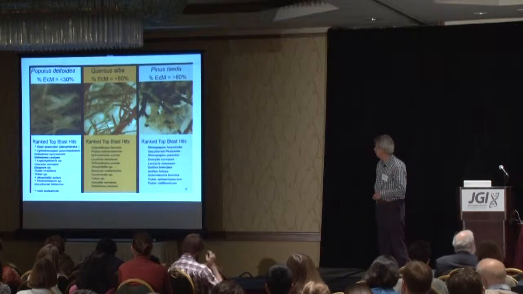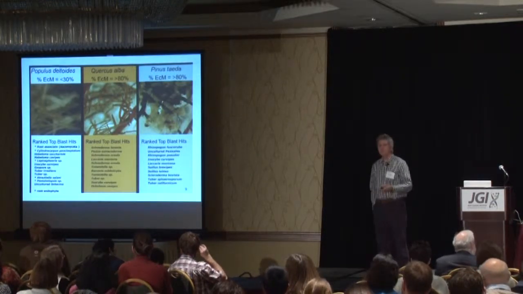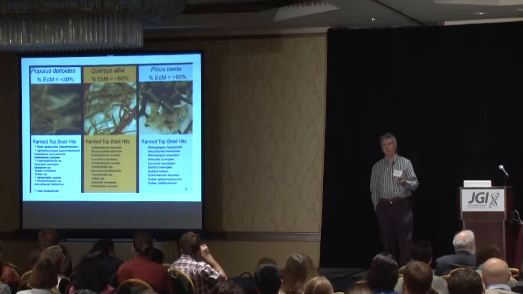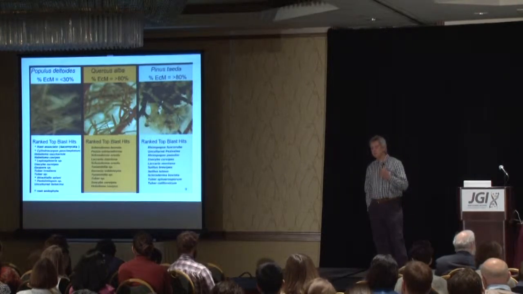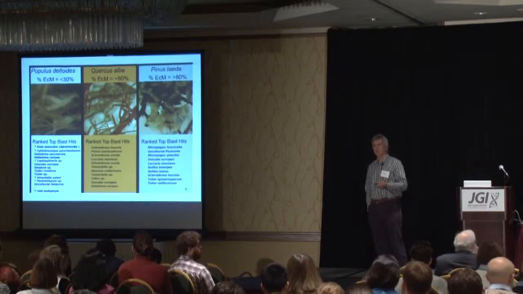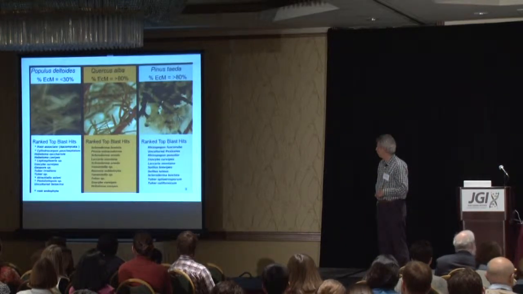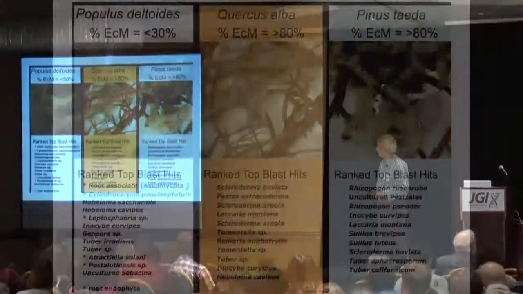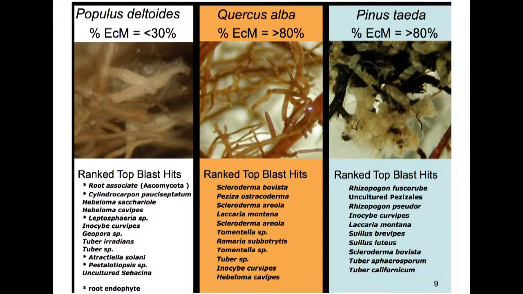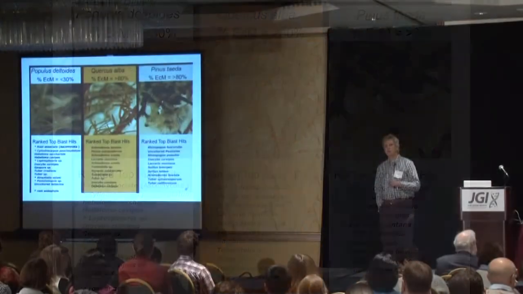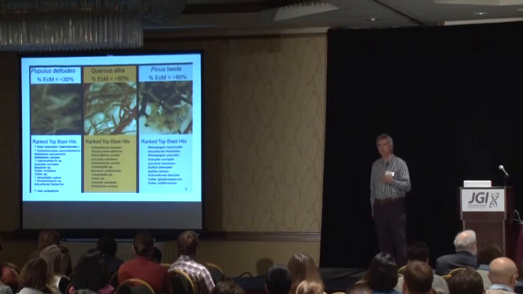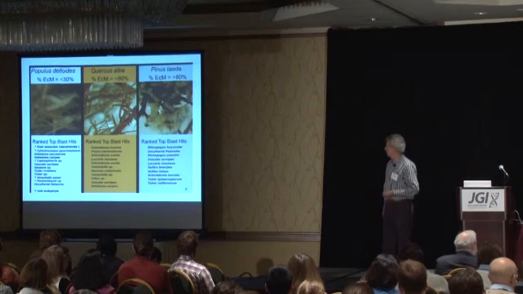All the species here with stars next to them are potential endophytes. Again, we don't know what their function is, but these are fungi that we can consistently isolate and grow in pure culture. The mycorrhizal fungi, shown here in italics, Hebeloma, Tuber, etc., a lot of these are either very difficult or cannot be readily cultured in pure culture. And so we've focused a lot of our initial studies on the endophytes.